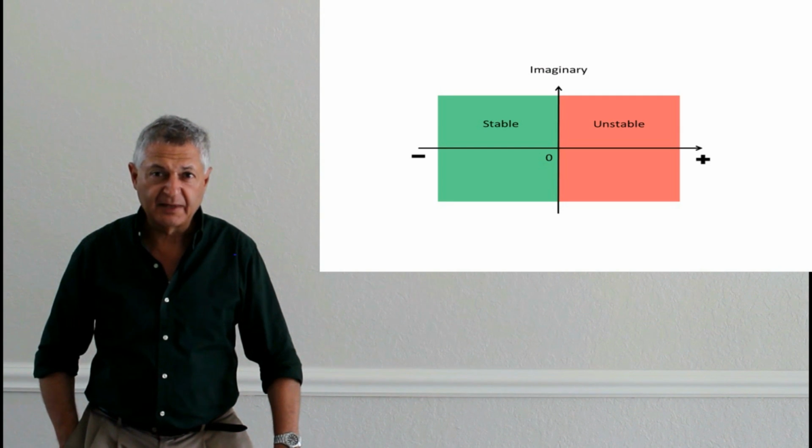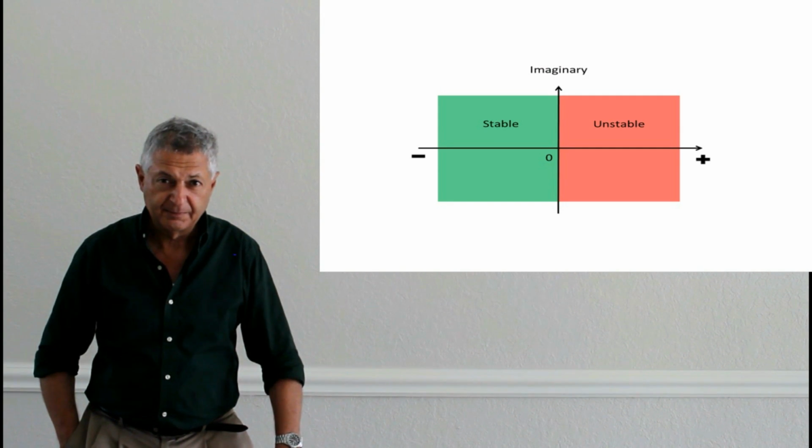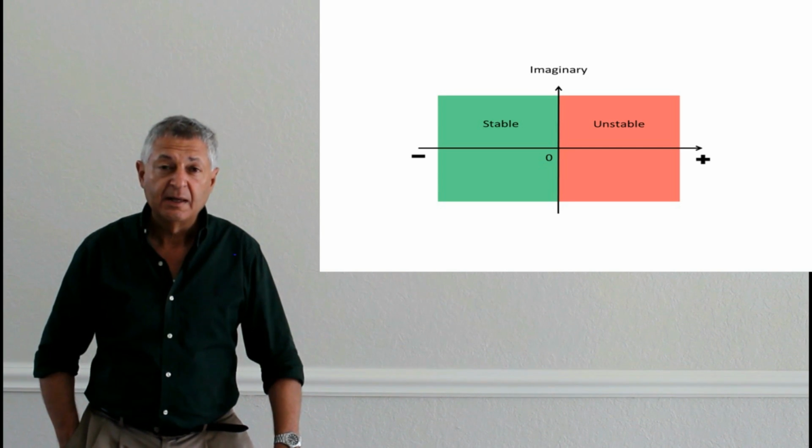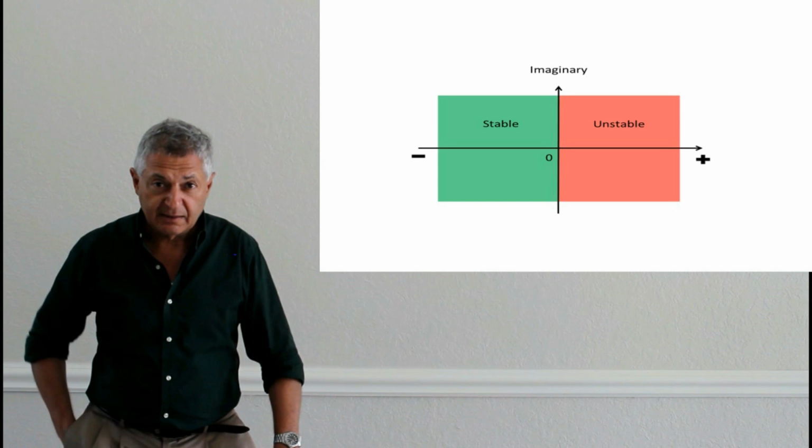Okay, quick summary. For a system to be BIBO stable, all poles, no exception, must be in the left-hand side of the S-plane. Some systems, not all of them, we can make stable with the correct design.